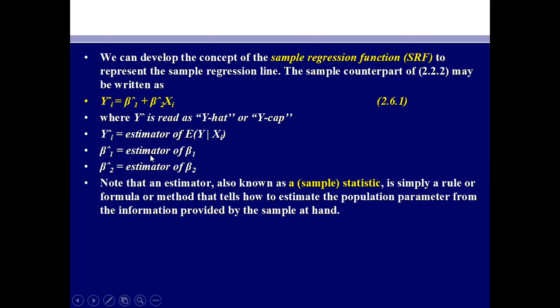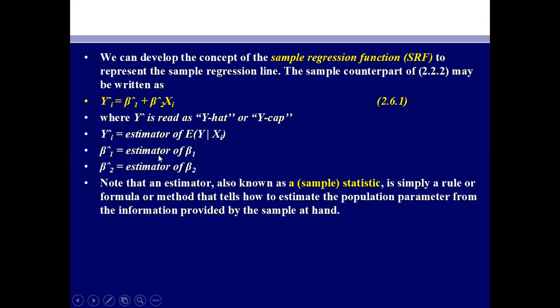So what's the difference between the two? Estimator, the word that you see on the screen right now, refers to the function, and usually we say the function of sample values. Estimator is the function, or in easy words, you can say the formula that you use to estimate a parameter.